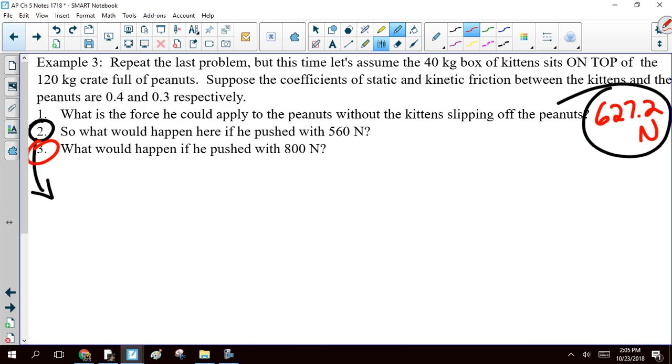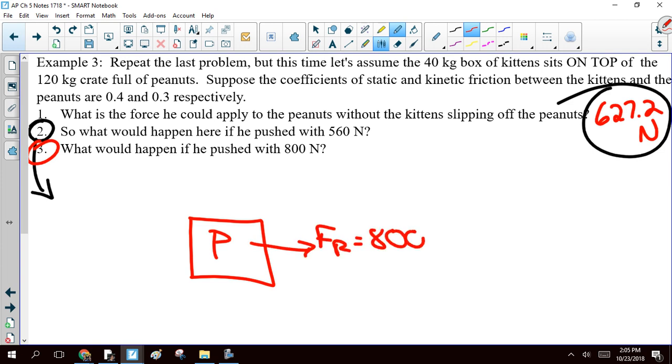So, all right, so here we go. I'm going to start arbitrarily with, which one's on the bottom? The peanuts, right? All right, so here's the force for Roy, 800 newtons. We know they're going to slide across each other, right? So your peanuts, or your kittens, are going to be up here. And the peanuts are going to slide forward under them, which means the friction is going to push them backwards.